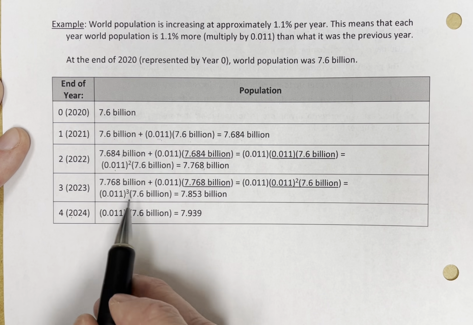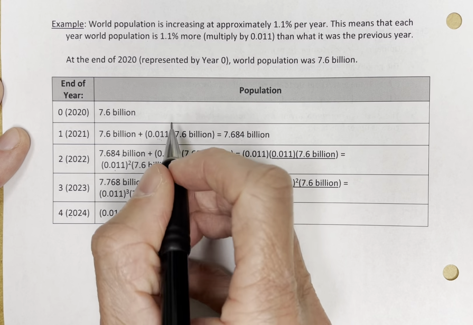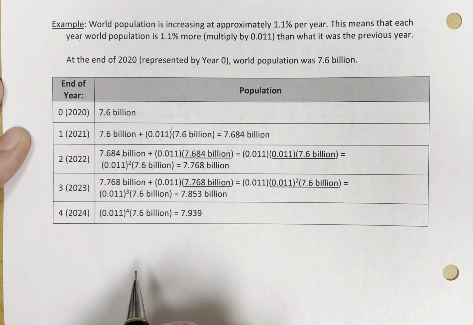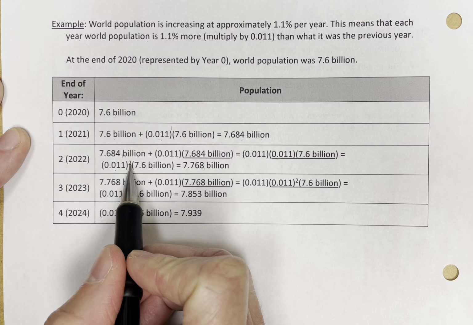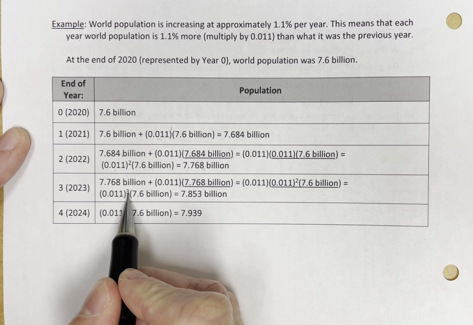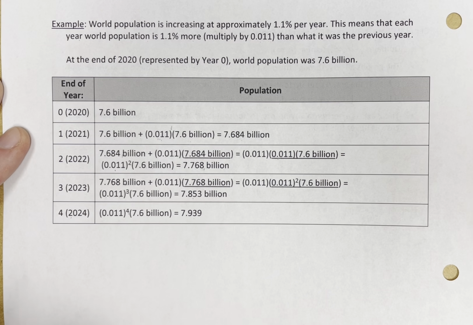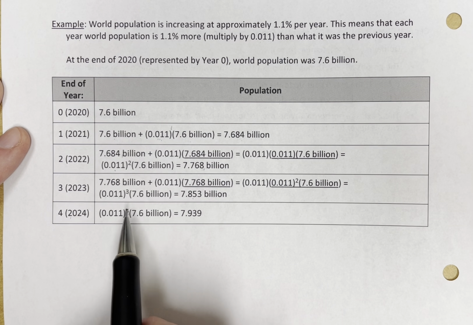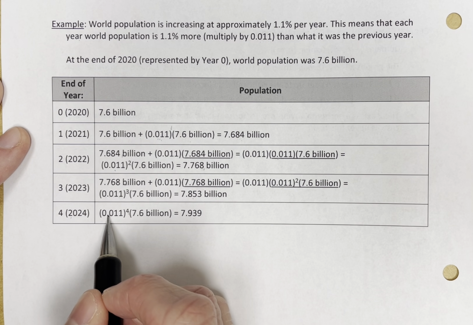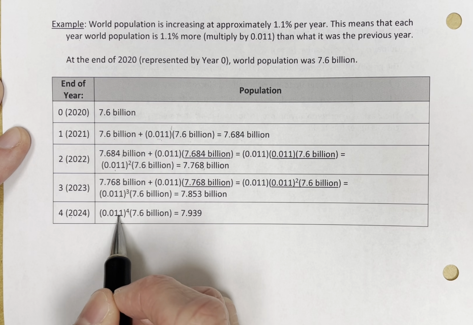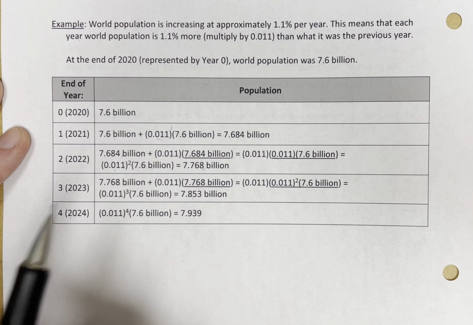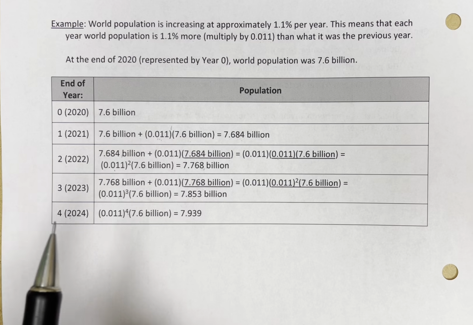Then in year 4, I just noticed there's an exponent of 1 here, an exponent of 2 here, an exponent of 3 here, and an exponent of 4 here to get to this number. So it is growing exponentially, and you can see that because the 0.011s are multiplying by themselves. That is exponential growth.